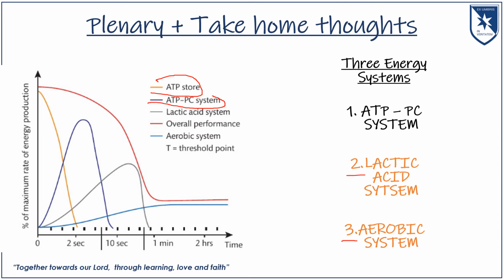So we've seen we've got roughly 2 seconds of ATP stored in our muscles, and we can extend that using the ATP-PC system to roughly 10 seconds, giving us 12 to 13 seconds. But what do we do after that point? After those 12 to 13 seconds, we then look at our lactic acid system in the shorter term and our aerobic system for the longer term.